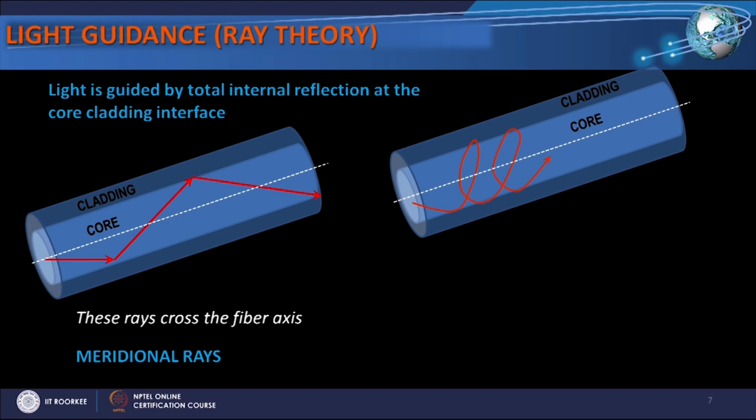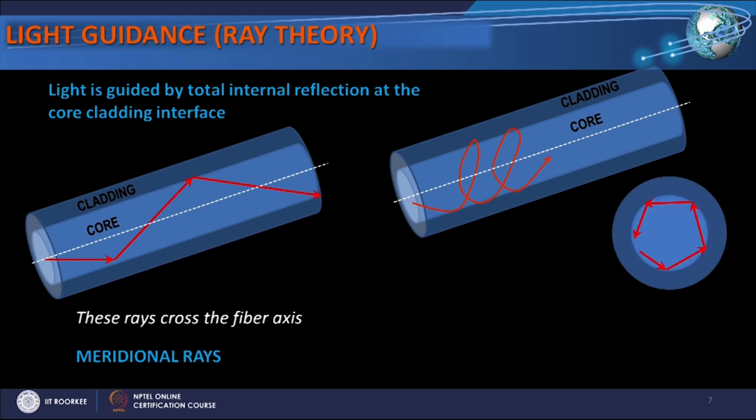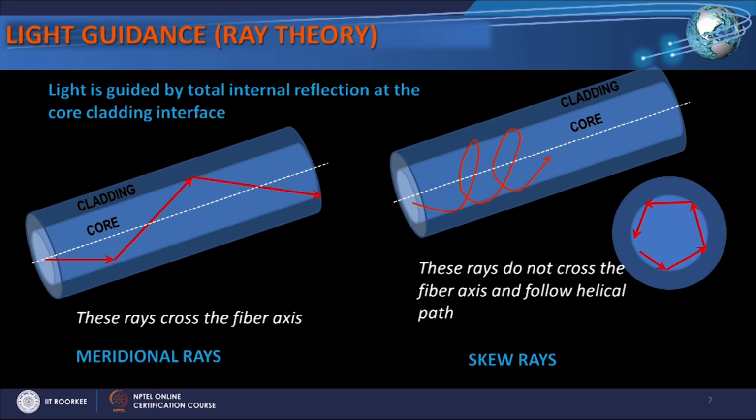This would be clear when we see the transverse cross section of the fiber. So, if I look at the transverse cross section, these rays go like this, and they never cross the axis. These rays are known as skew rays. So, light guidance takes place via meridional rays as well as skew rays in an optical fiber.